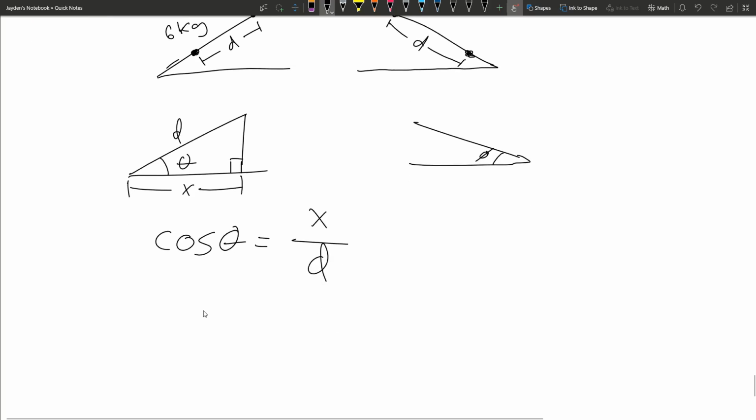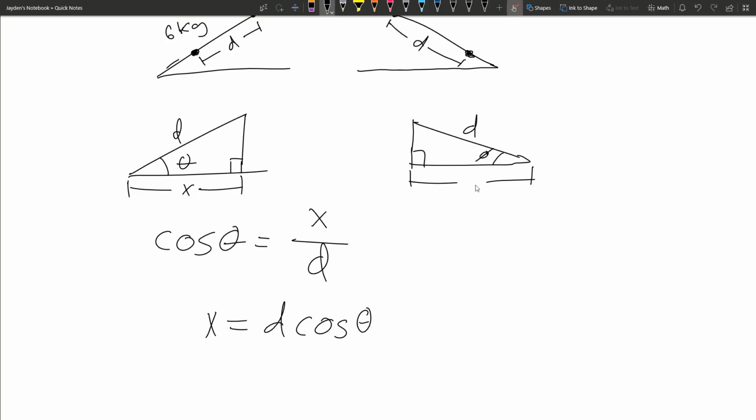So x is going to be d cosine theta because we can multiply the d over. Same thing for this one. There's a right triangle and this is d, so we can find the x for the second mass. And it's also going to be d cosine theta 2.